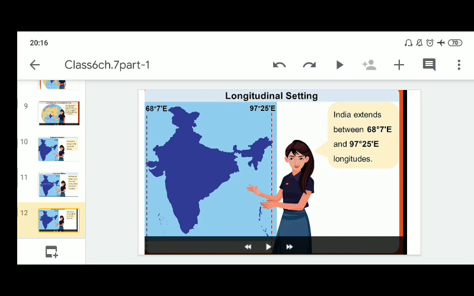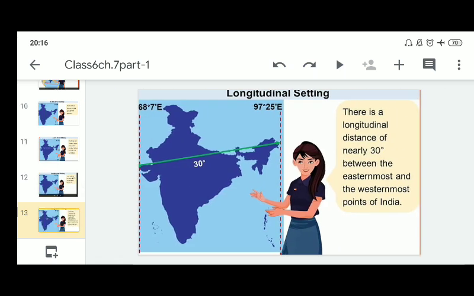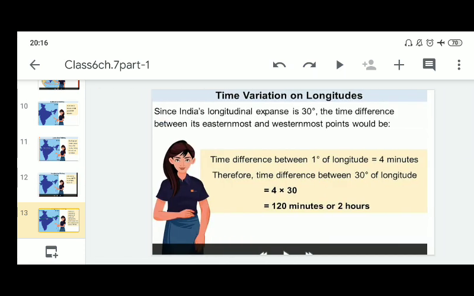And India extends between 68.7 degree east and 97.25 east longitudes. Okay children. So there is a longitudinal distance of nearly 30 degrees between the easternmost and the westernmost points of India.